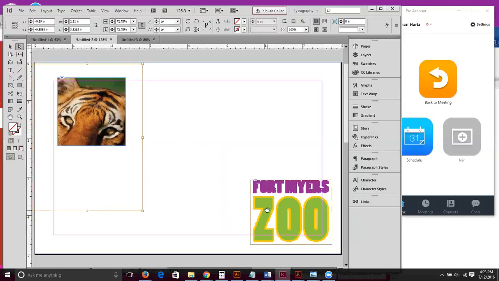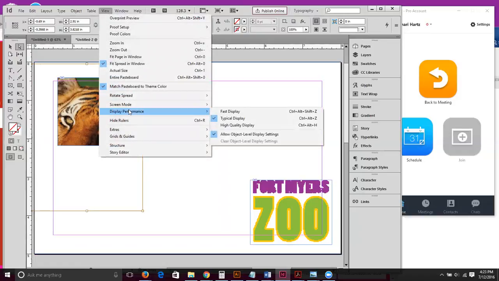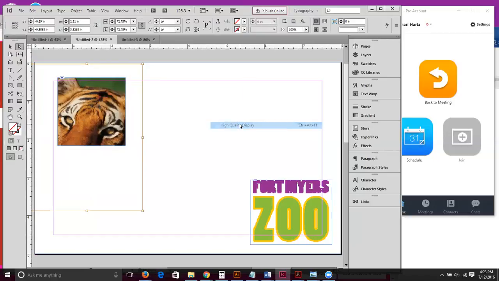And another thing you'll notice is if you look at the zoom, can you see that the lines look kind of jaggy? Yes. And notice this doesn't look super clear. If I go up here to view, choose display performance and just choose high quality display, it'll crisp it all up. What it's doing is it's keeping it a little less clean because it's trying to save space.